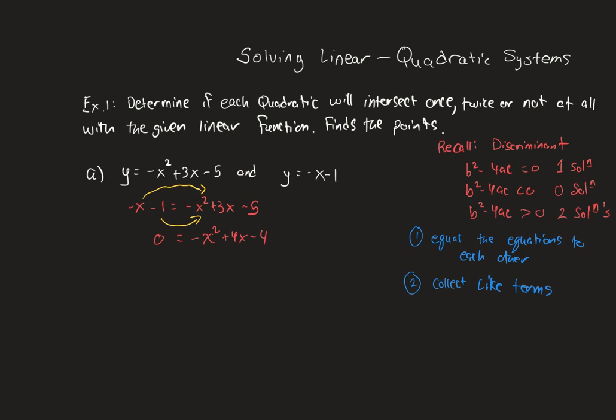Now, at this stage, we can find out how many solutions there are because, well, this is my b value, this is my a, and this is my c. So going into the equation, we're going to go with b squared, so 4 squared, minus 4 times negative 1 times negative 4.